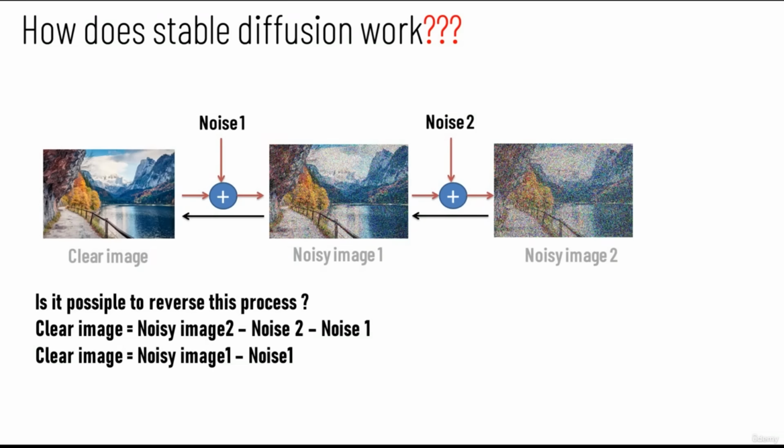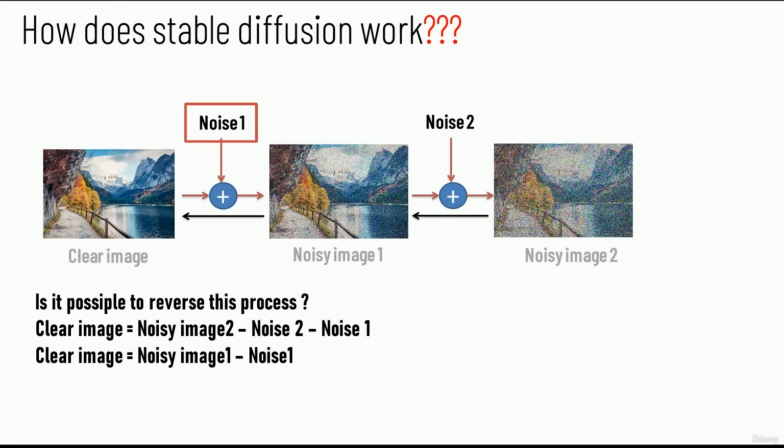So now our stable diffusion model will try to reverse this process. So it will try to figure out what is noise 2, and we will remove this noise from our noisy image 2, and we will get noisy image 1, and our stable diffusion model will try to predict noise 1.